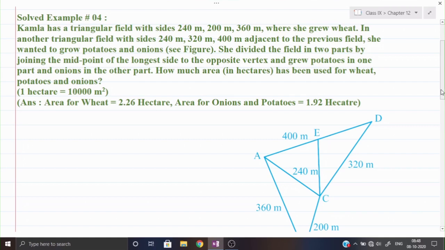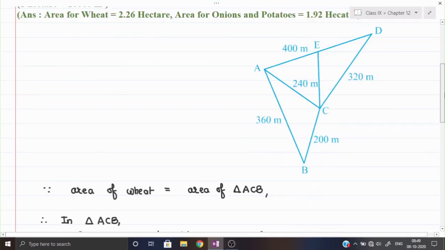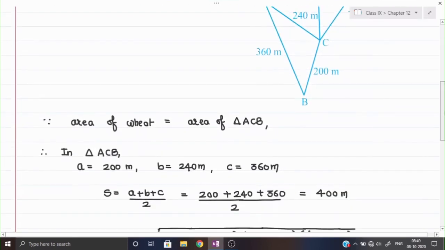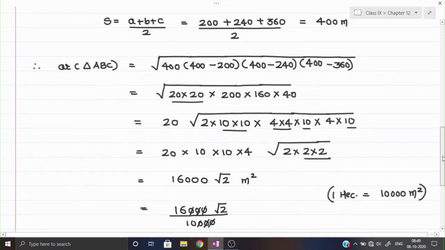So if we divide that area by 2, one area will come for triangle ACE and the second area for triangle CED. Okay, so let us find out. Here the given dimensions are 240, 320 and 400.